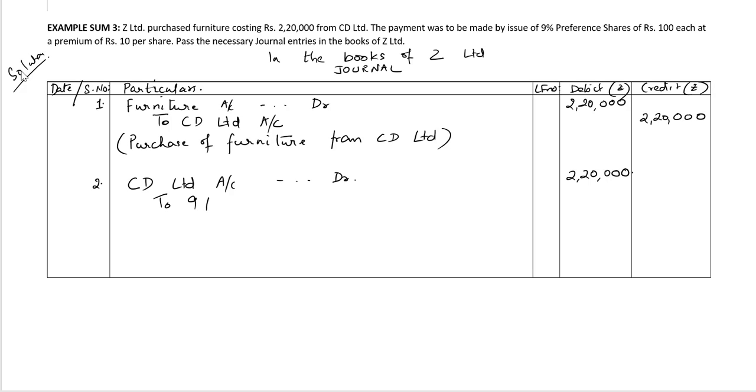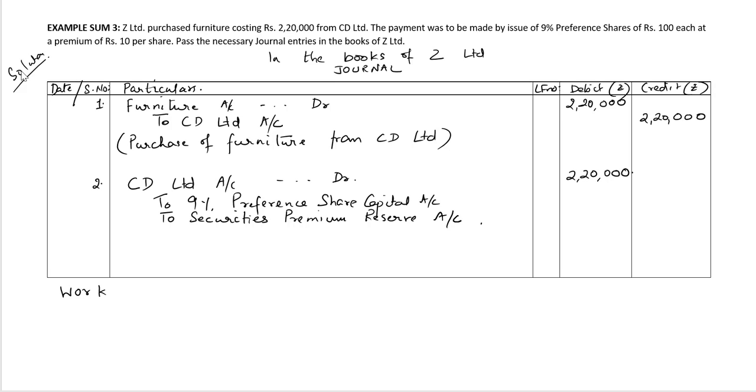So to 9% preference share capital account, to securities premium reserve account. Let's do the working notes for calculating the number of preference shares issued.